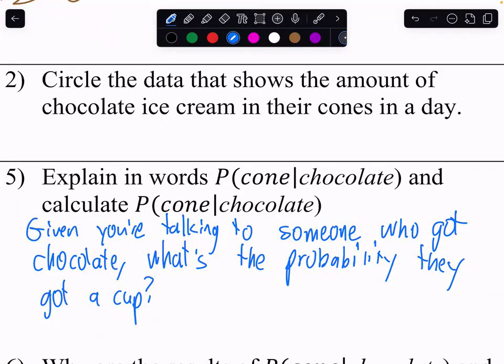So this time you're not allowed to talk to anyone who got vanilla ice cream, right? Because you know for sure the person got chocolate ice cream, so you're only considering those people.